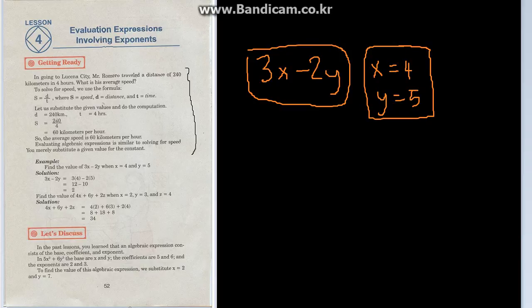Well, we plug in 4 for x, right, and 5 for y. So 3 times 4 minus 2 times 5, correct? So 3 times 4 is 12, minus 2 times 5 is 10, so we get 2, right?